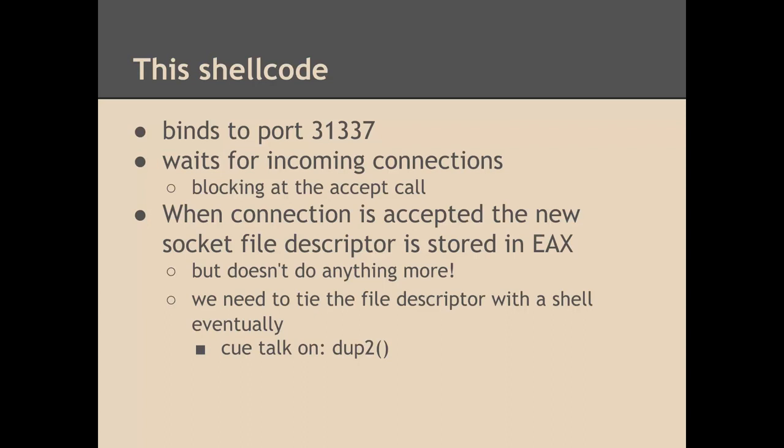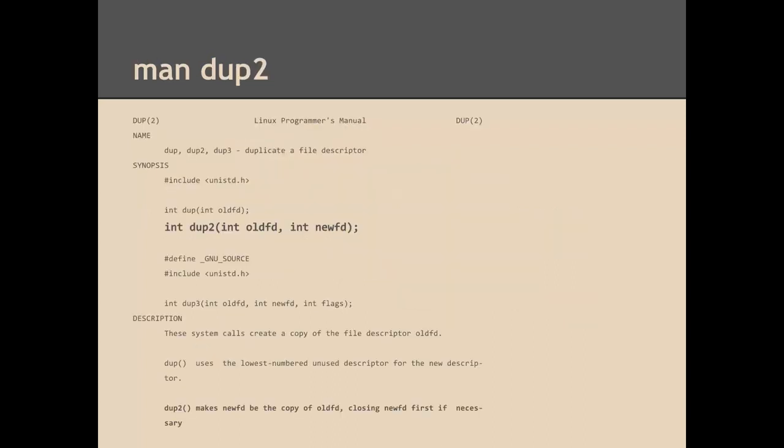So now we have to talk about dup2 and how to reuse the existing standard in, standard out, and standard error file descriptors to tie the network traffic to a shell and spawn it and get it all working nice and easy like.